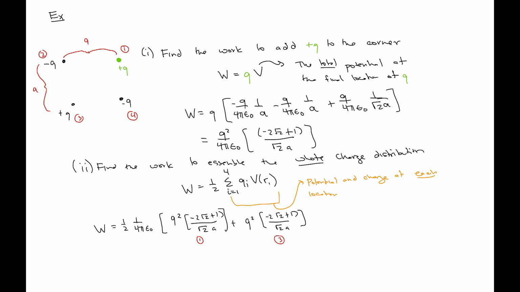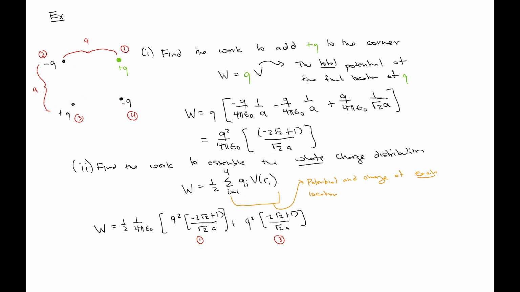Okay, and then the same thing, if I can figure out what the potential is at one of these guys, it's going to be the same as the potential here, right? Because this guy is this charge, this negative Q, times the potential due to these three charges, which is identical to what the potential would be here due to these three charges.